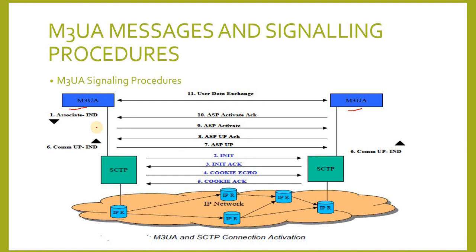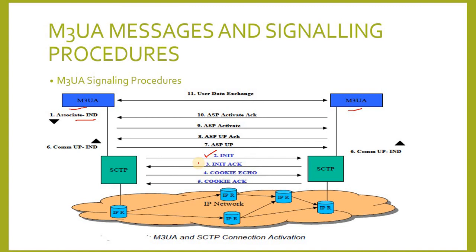1. M3UA sends an associate primitive to the SCTP instance. This primitive contains the association ID, the destination IP address and outbound stream count. 2. The SCTP protocol then uses the INIT chunk to establish an SCTP association between two SCTP endpoints. 3.